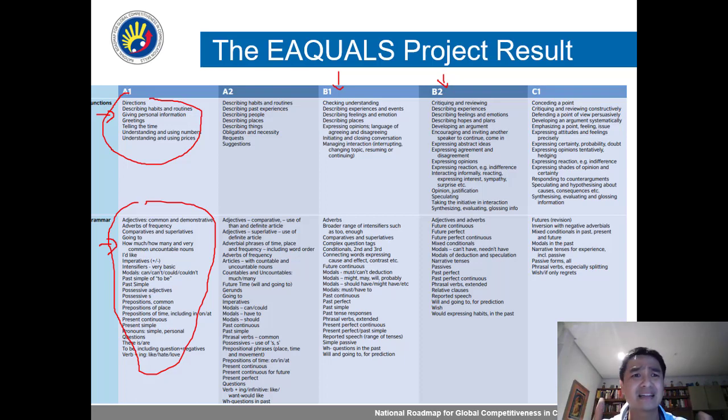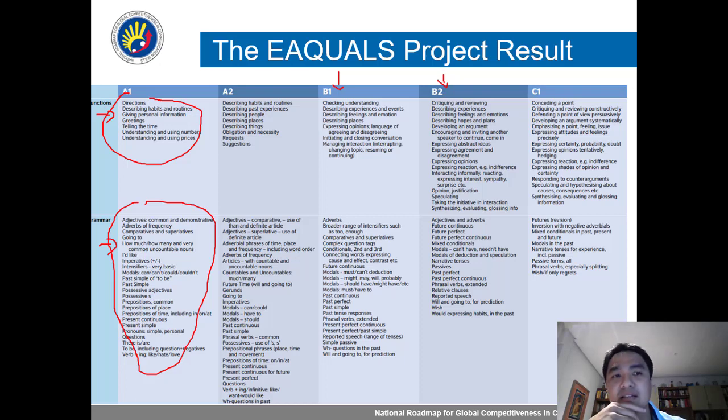Generally people use this document, but if people have other ways or other versions, that's also fine as long as they meet the can-do statements of the CEFR. But for our case, let's just use this because it's already done for us and we don't have to do all that work in creating this.